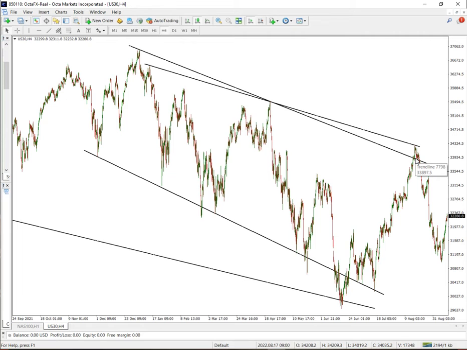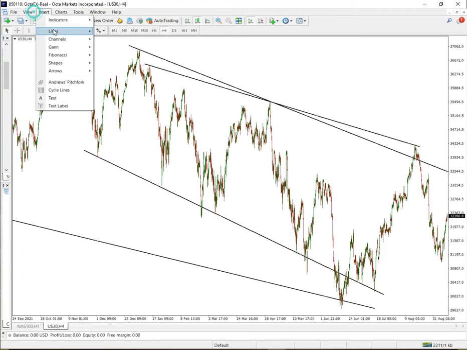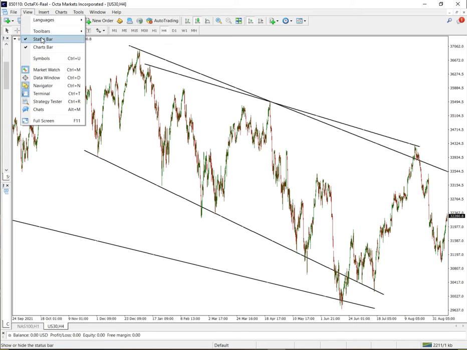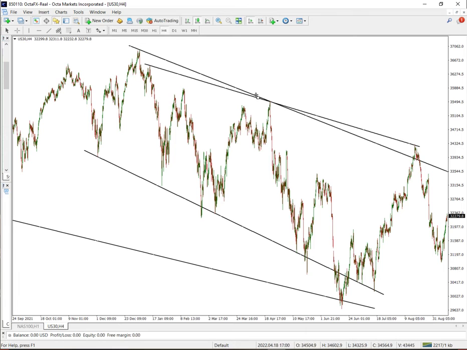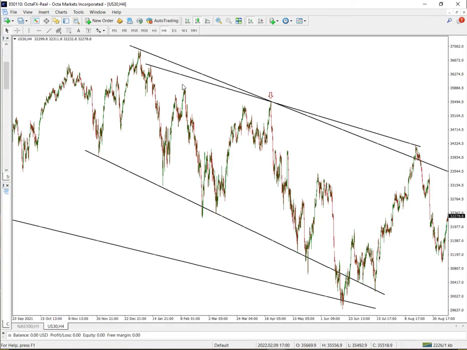So I have trend line 7798 and I have trend line 7919, right? And they have a common point here at this. Let me use insert. Let me use arrow down. This is a common point. This is a common point, right?